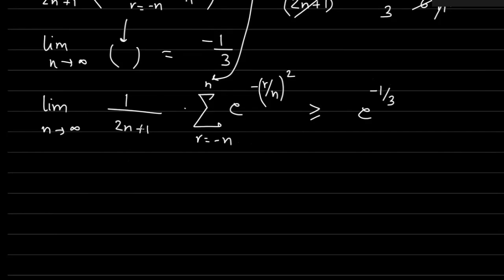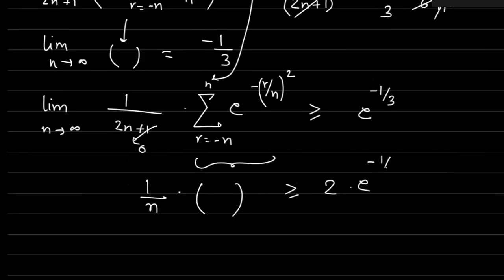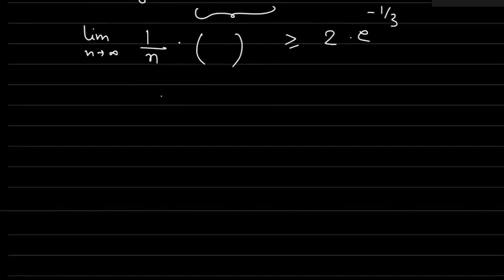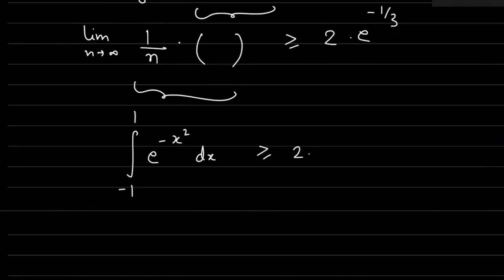But as limit n tends to infinity, this one will go to 0, and we are left with this thing into this thing, and we'll take it to that side. And this thing is nothing but the integral of the Gaussian from minus 1 to 1. And hence we get the lower bound as this, 1 by 3.